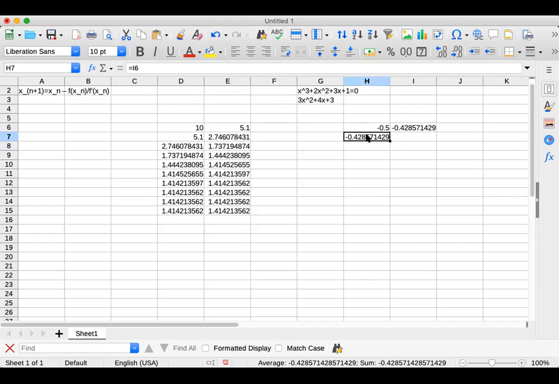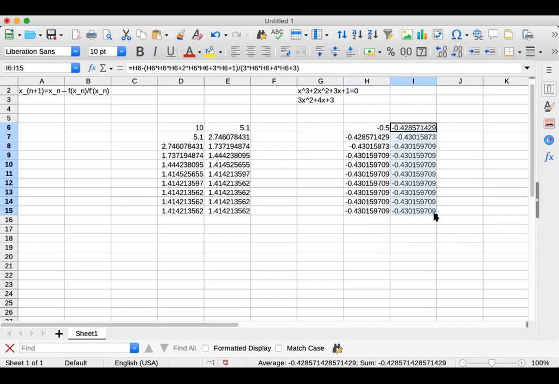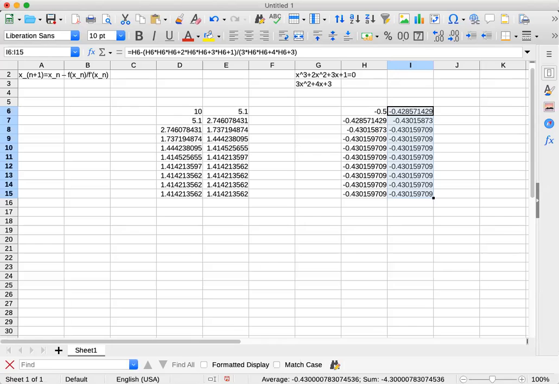And this formula, which says take one up, one to the right, this formula gets extended down. We can see that after a few steps, the number has been stabilizing. So negative 0.43015709 is the best solution we can have for this equation.